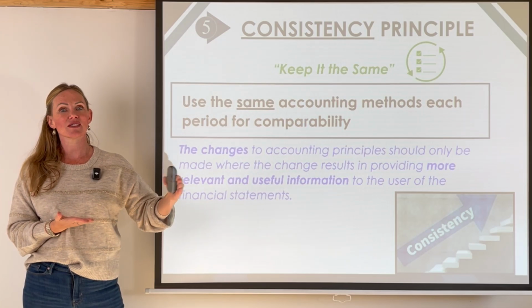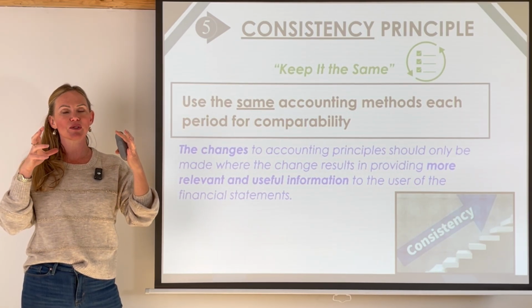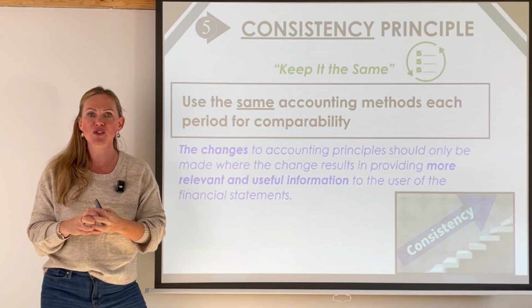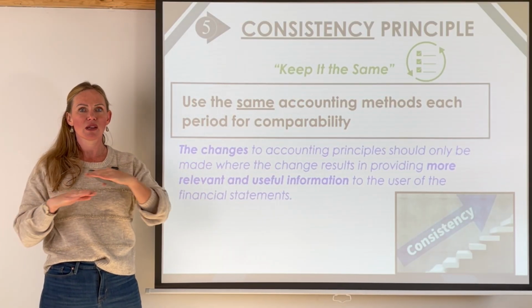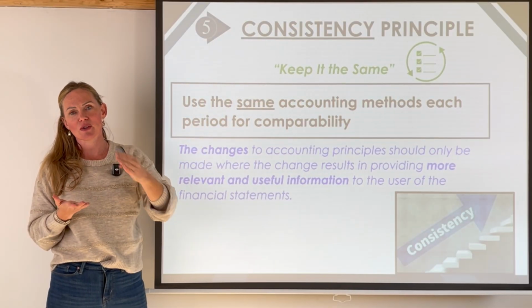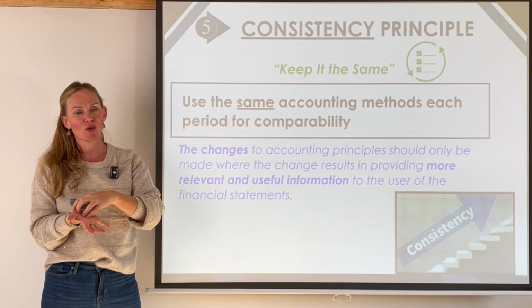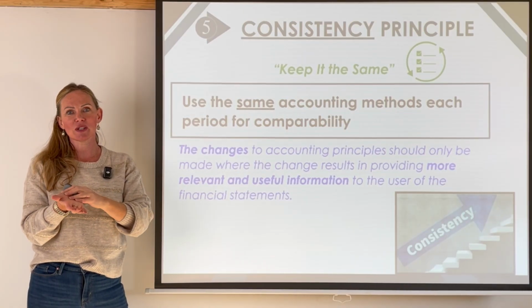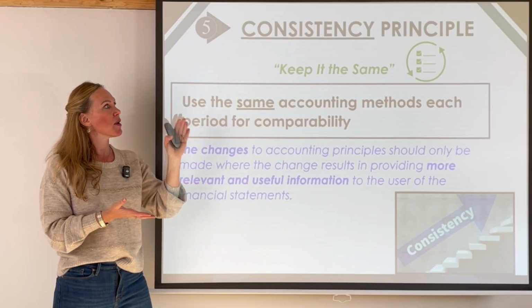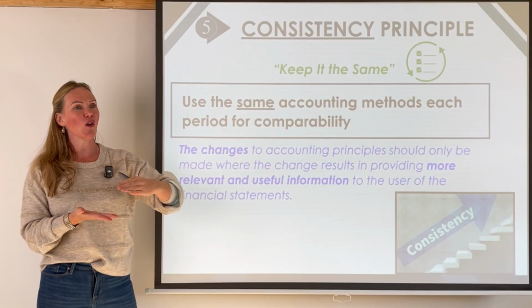Consistency principle. The word is consistency. They say, look, if you adopted GAAP, the generally accepted accounting principles, then you'd better stick to them, right? Keep it the same every single year. So if you put your revenues when you earn them, not when you receive them, and you put your expenses when they're incurred, not when you paid for them, keep it going for all the other years.